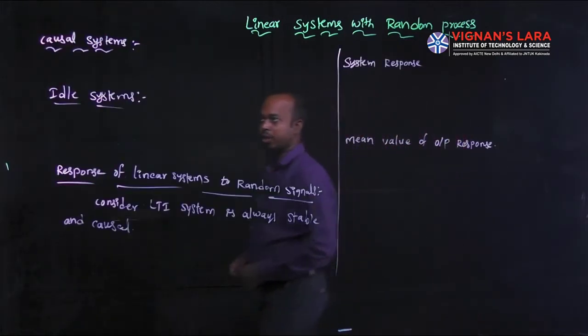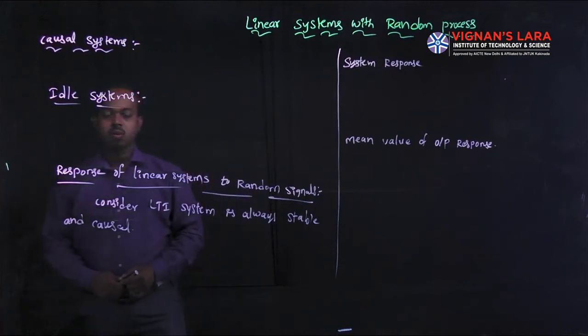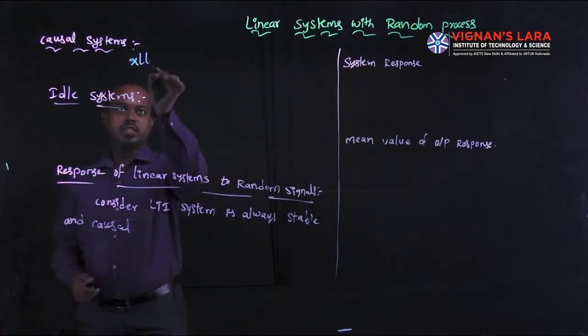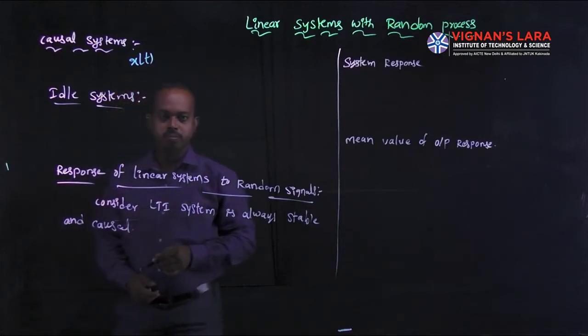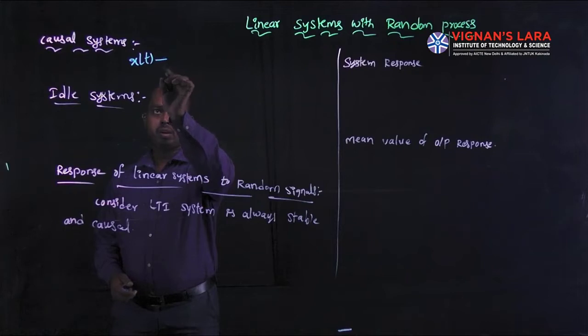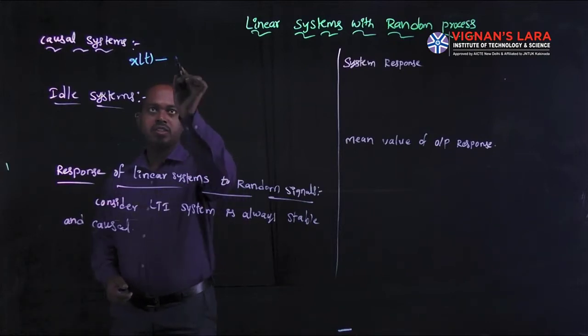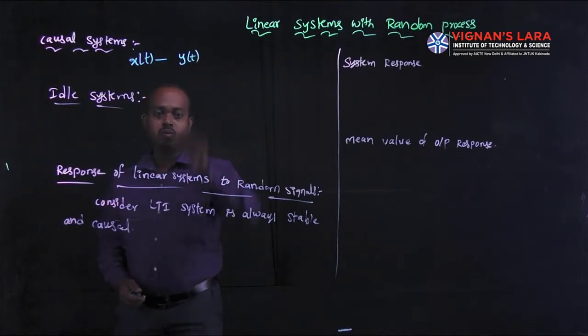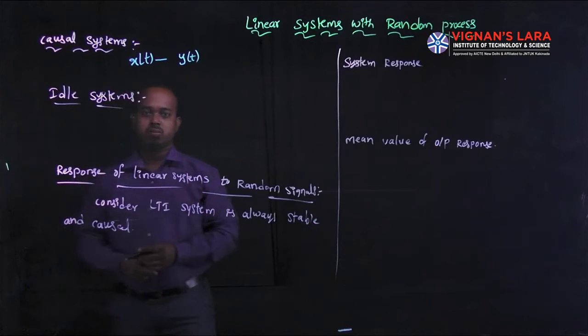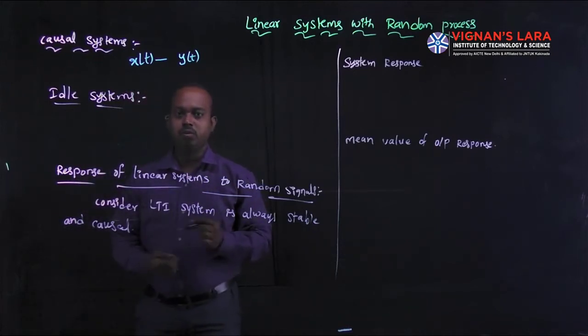Coming to the next topic, the causal systems. We are defining causal systems on continuous time signals. Consider the continuous time signal x of t, which is said to be a continuous time signal, and its system response is y of t. Here we are discussing LTI systems, the linear time invariant systems.